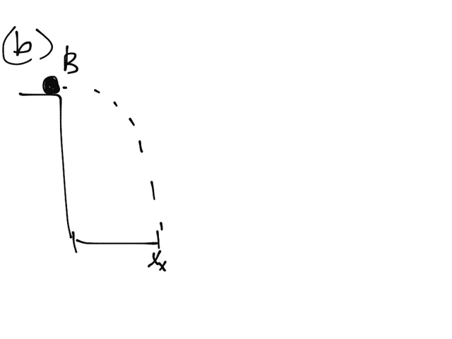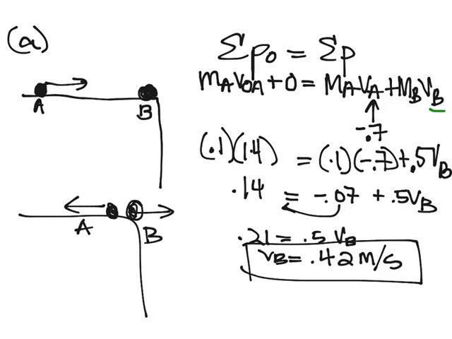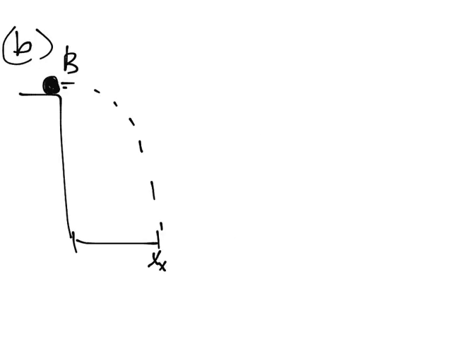In part B, we want to know the horizontal displacement, okay, and that's really of ball B as it flies through the air. So we're asking for XX. Okay, we know from part A that the velocity in the X direction at the beginning, I'm going to put VB naught X, is 0.42.